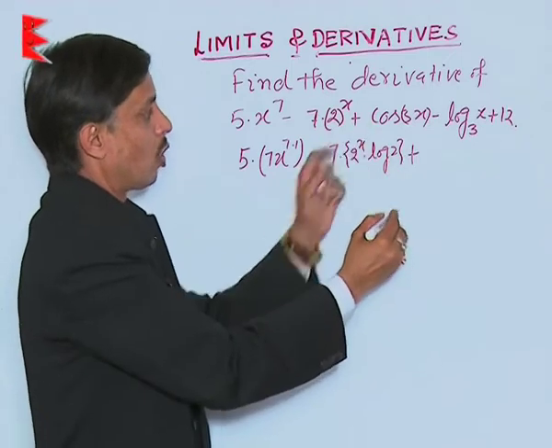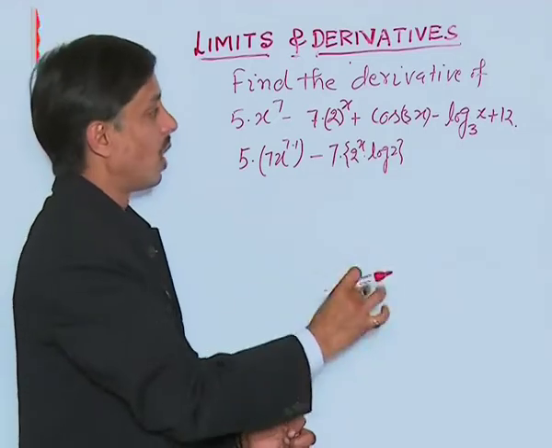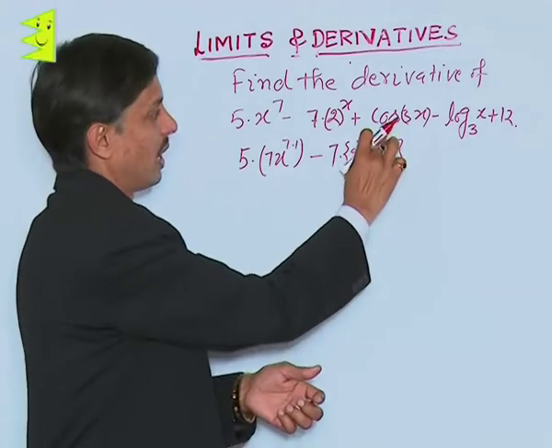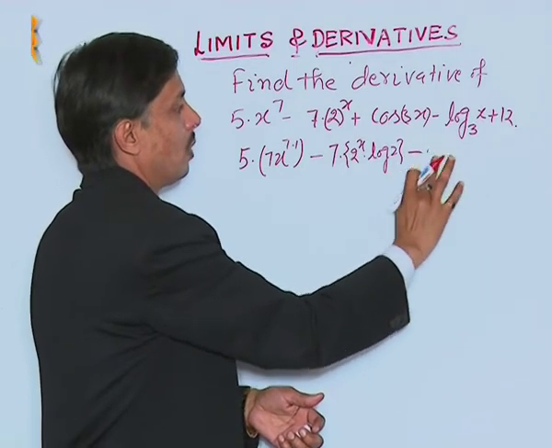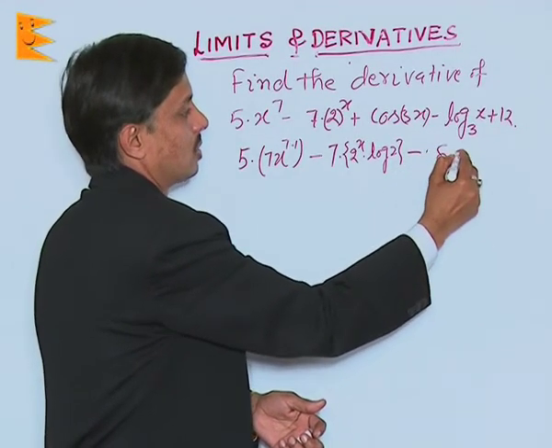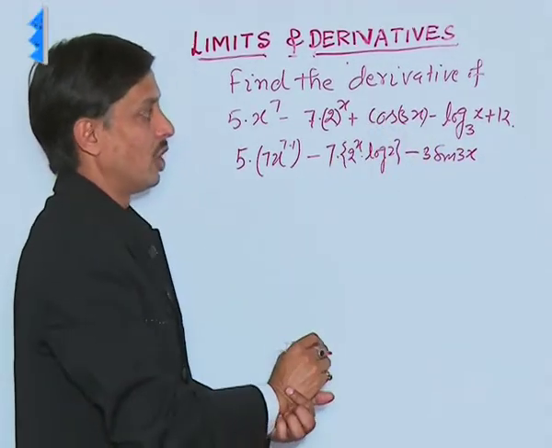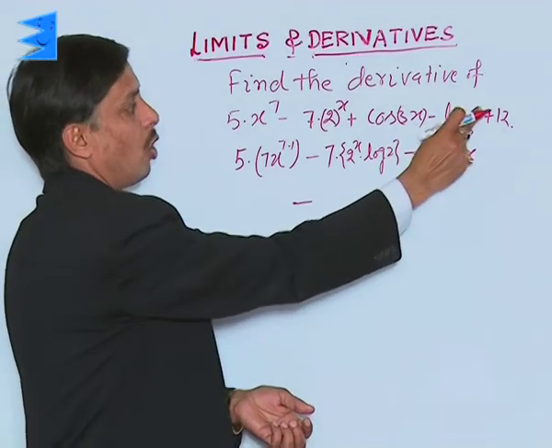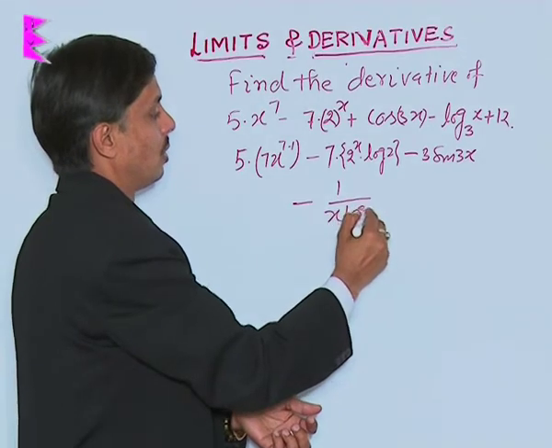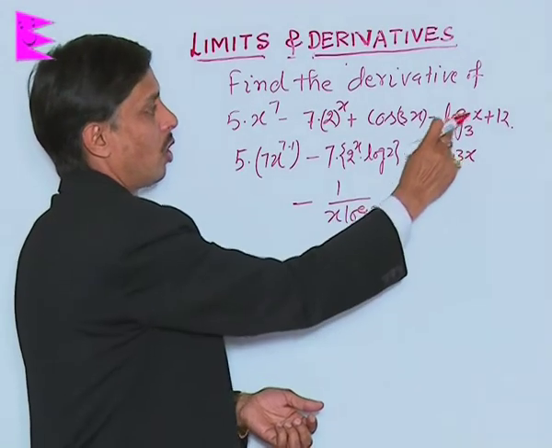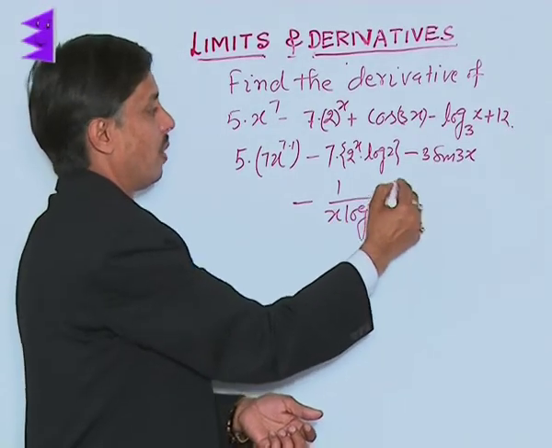Plus cos of 3x: the derivative of cos x is minus sin x, so the derivative of cos 3x will be minus sin 3x, and the derivative of 3x is 3 by chain rule. Minus log of x base 3: it is 1 upon x log a, since the derivative of log of x base a is given by 1 upon x log a.